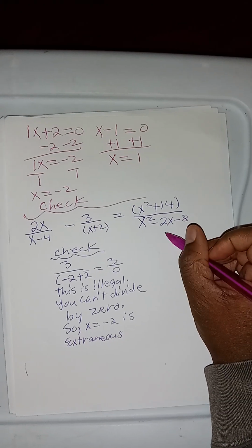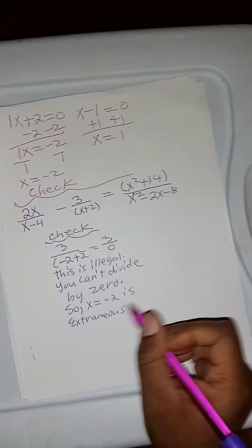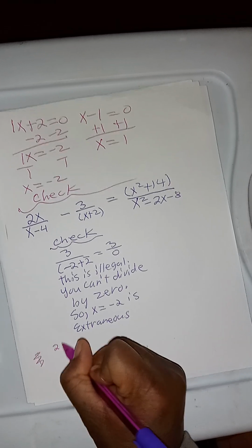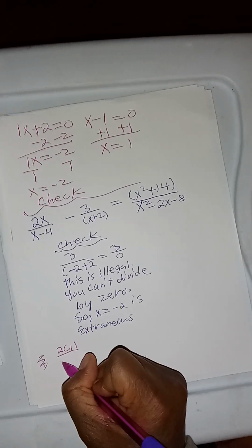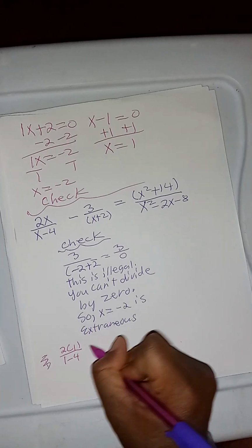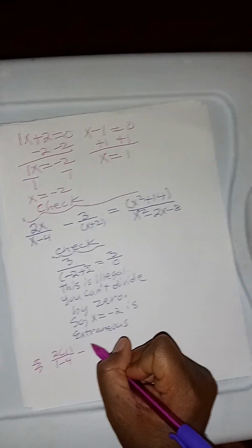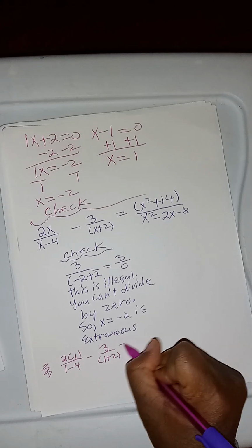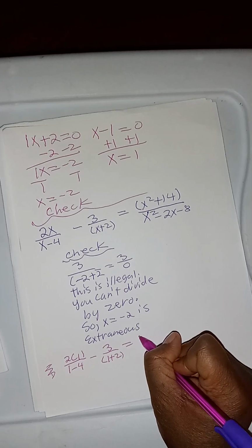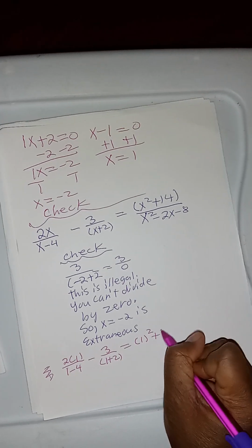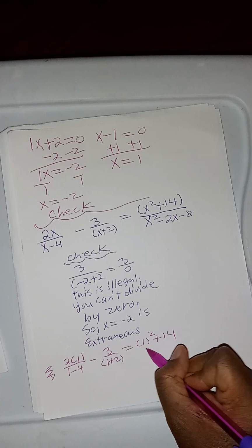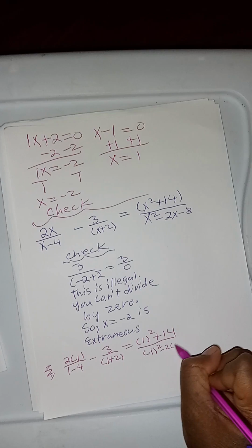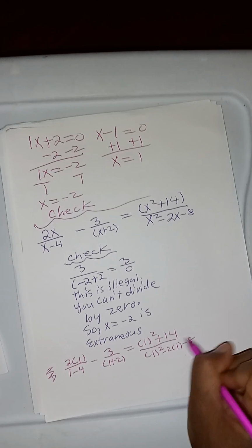So 2 times 1 divided by 1 minus 4 minus 3 over 1 plus 2 is equal to 1 squared plus 14 divided by 1 squared minus 2 times 1 minus 8.